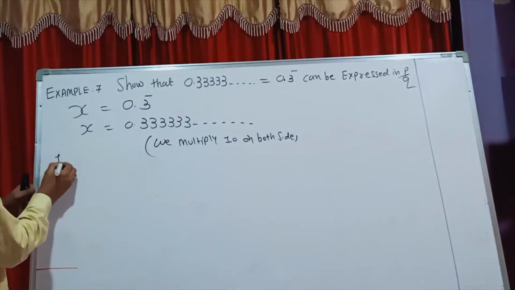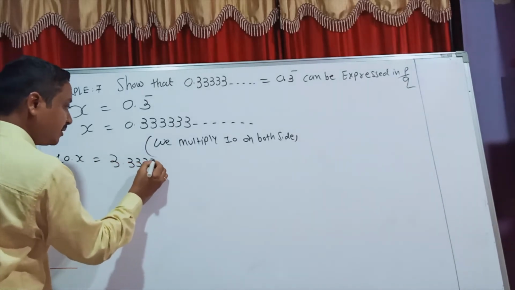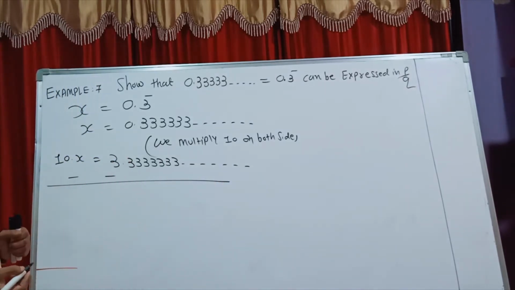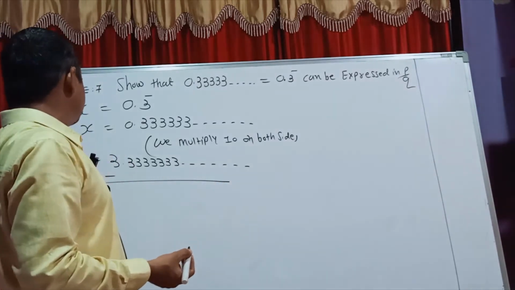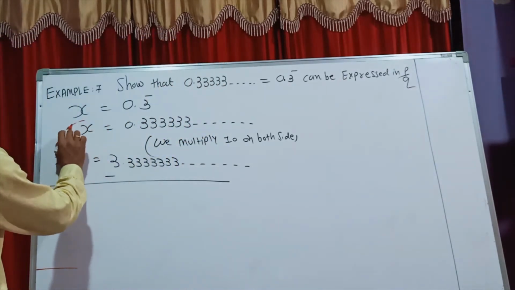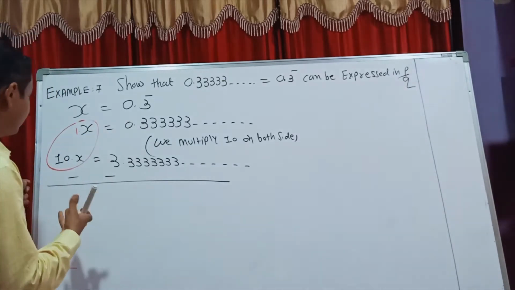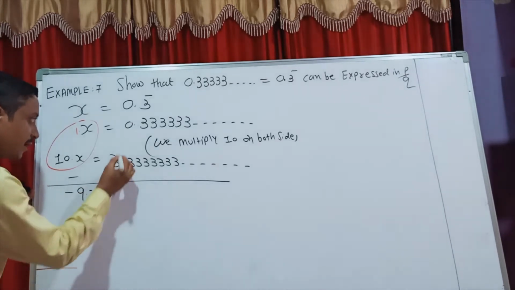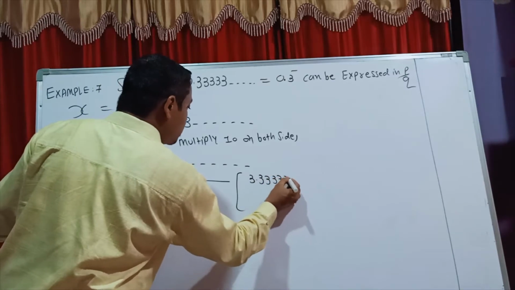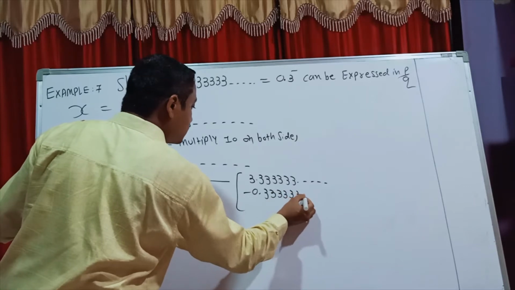So here 10 multiplied, then it is 10x. If we multiply by 10, my answer is 3.333333, and these two are subtracted. Students, this subtraction is easy, because here 10x minus x gives 9x. And here the subtraction, I am showing side by side: 3.333333 minus 0.333333.